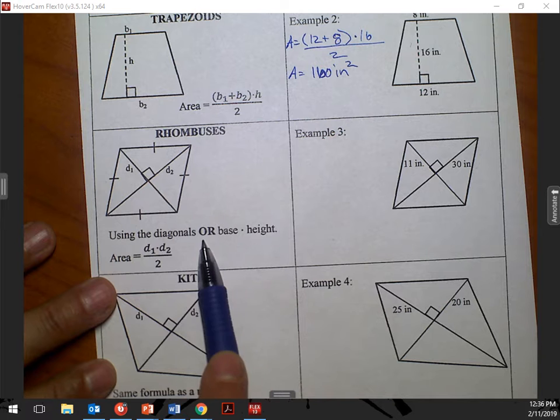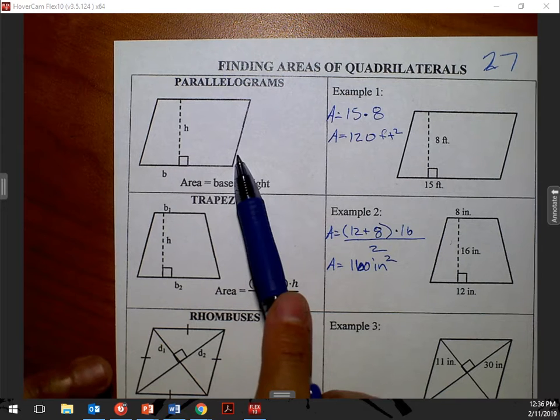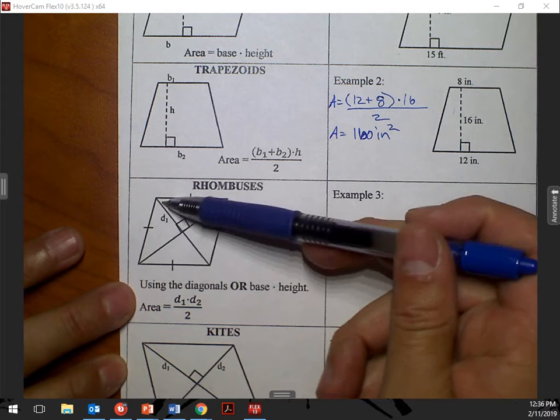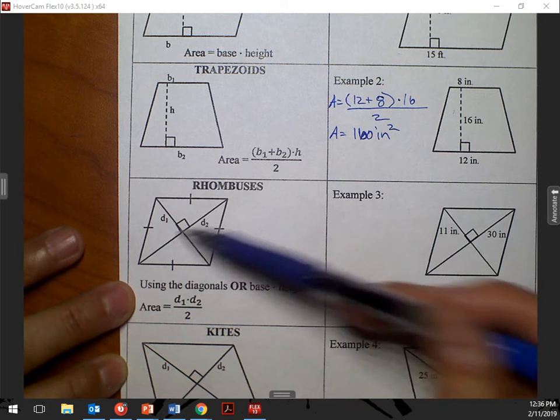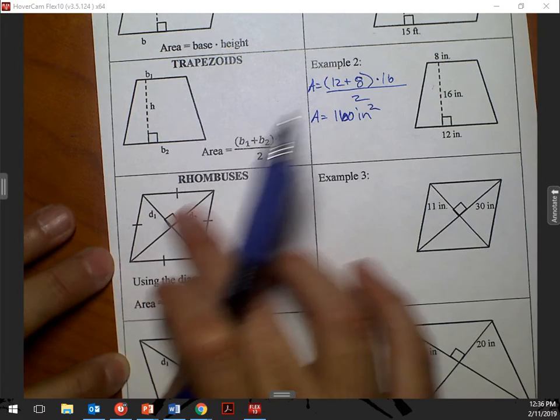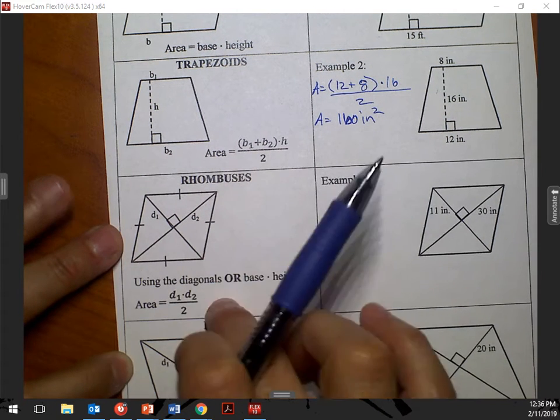It's also possible to use the same information as a parallelogram. If I have the base and I have the height straight up and down, I could use that also. But if I'm given a rhombus with the diagonals connecting like this, it's this diagonal times that diagonal.